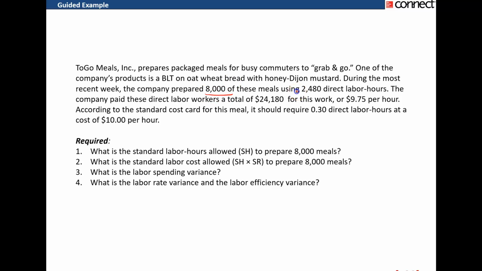They used 2,480 direct labor hours. The total cost of the direct labor was $24,180, and they pay their employees $9.75 an hour. It should take 0.3 direct labor hours at a cost of $10 an hour to do this.